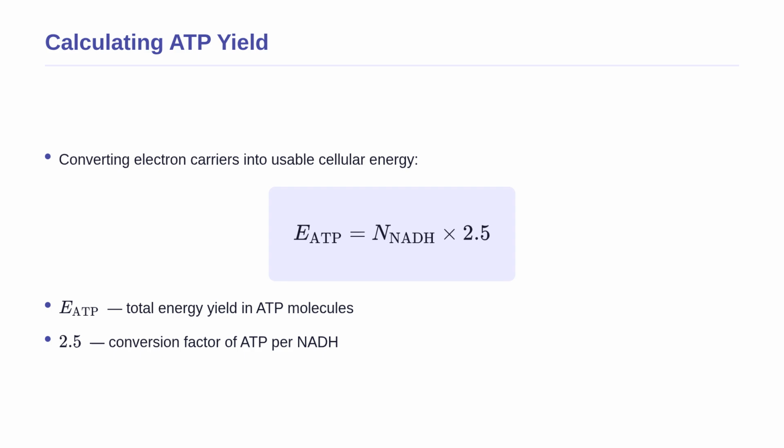We take our number of NADH molecules and multiply it by the biological conversion factor of 2.5 ATP per NADH. If the efficiency of the electron transport chain were to decrease due to a metabolic issue, this conversion factor would drop, resulting in less total energy for the cell.